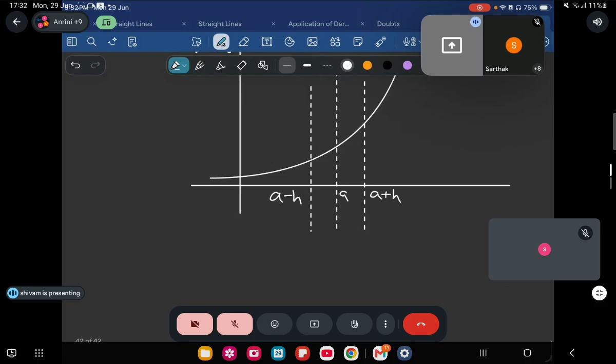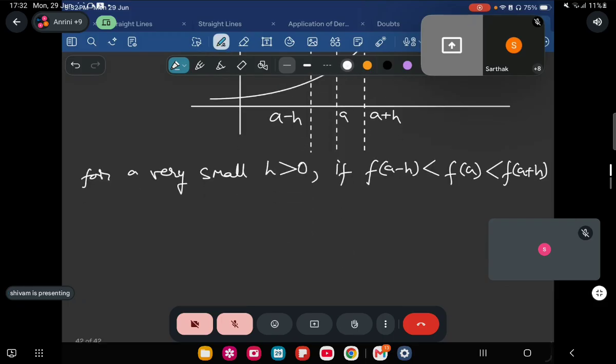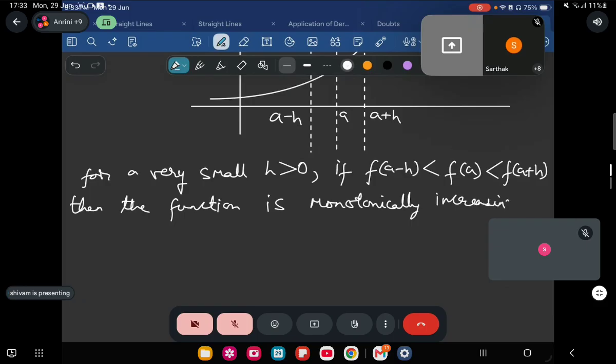For a very small, smallest you can think of, H greater than 0, if f of A minus H is less than f of A, which is less than f of A plus H, then the function is monotonically increasing at x equal to A. Okay, everyone.